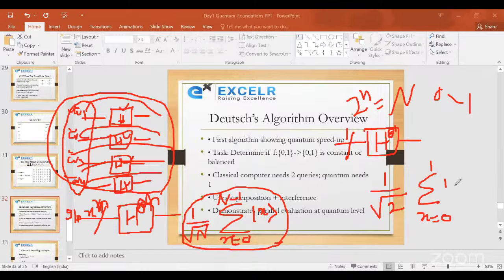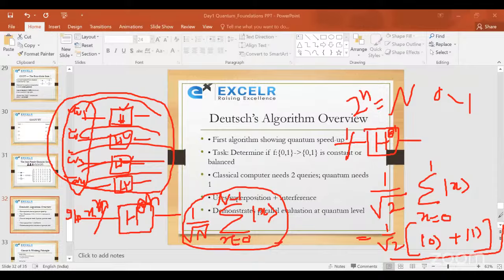And here the x. So what will we do here? 1 by root 2. First we place 0, so ket 0. Then we place 1, ket 1. Like this. So in the output, we are getting the same.